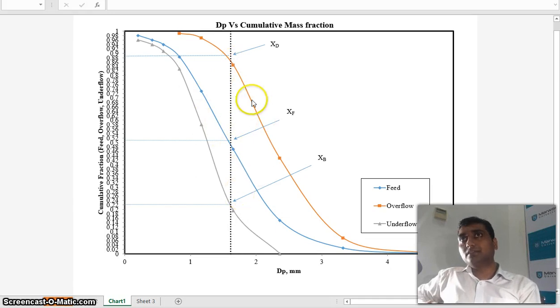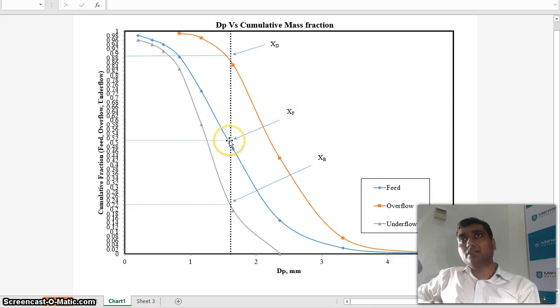So this is for your overflow, this is for your feed and this is for your underflow, right? When you cut this, you will get the respective values of xf, xd and xb. This graph you need to plot manually, right?